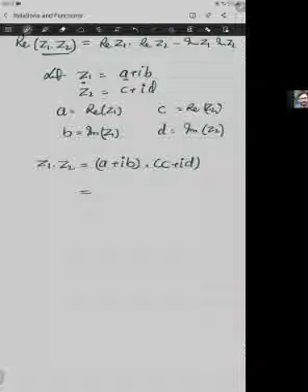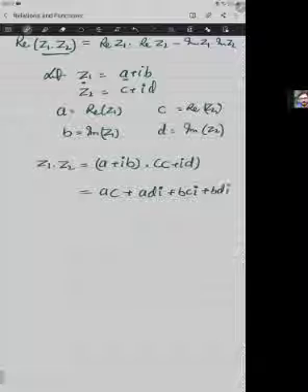Now multiply: AC plus ADi plus BCi plus BDi square. Now i square is minus 1.